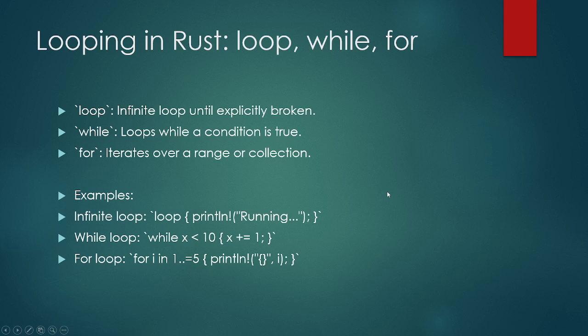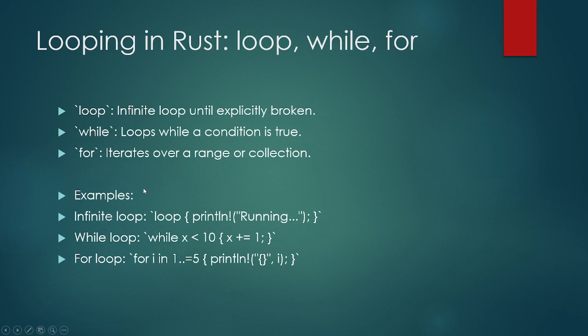If you want a loop which will work on some condition, in that scenario we can use the while loop. And if you want to iterate over some range or some collection, the recommended thing is the for loop. I will give you an example of all these things.